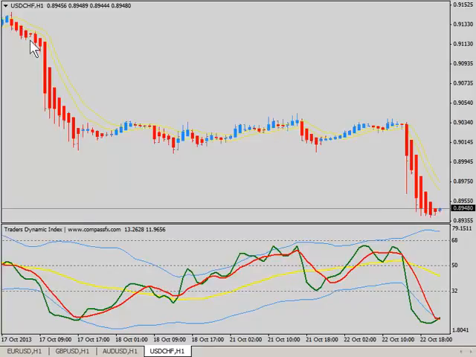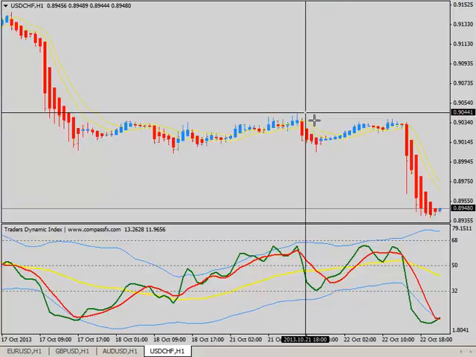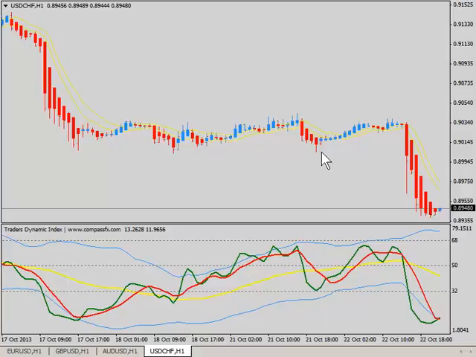We had a big drop down, big push down in the Traders Dynamic Index. Look what happens to the Traders Dynamic Index. The market sentiment comes all the way back up. No big rise in the dollar Swiss. As a matter of fact, we stayed in a pretty tight range of no more than about 40 pips again, 35, 40 pips. But yet the Traders Dynamic Index made a big push back to the other side, settled right around that 50% level, and then came the drop.